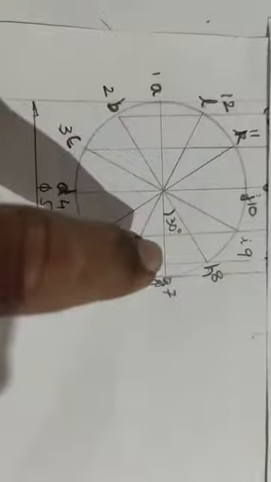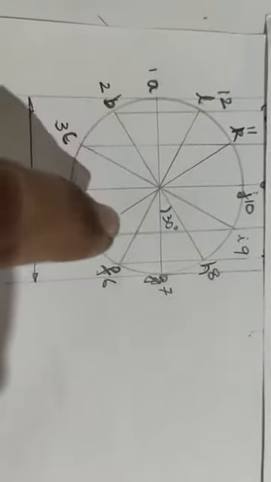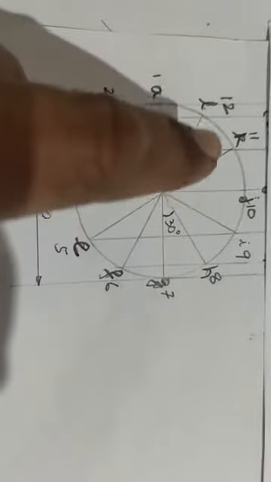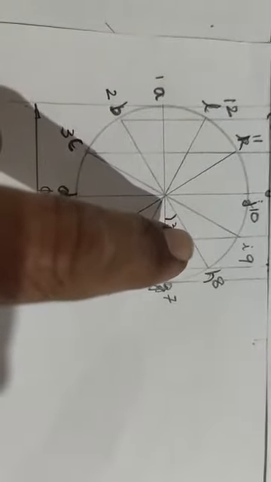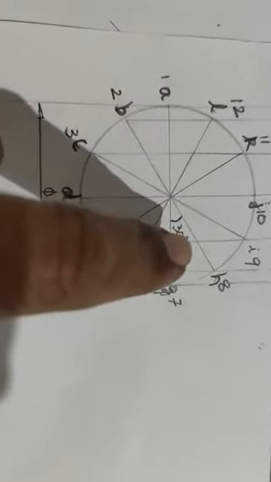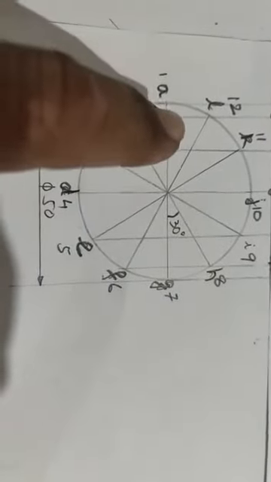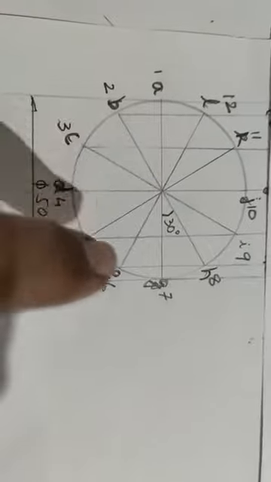Since a cylinder does not have any edge, we will have to divide it into different angles. I'll take each angle as 30 degrees, so I will divide this circle into 30 degree parts. 12 divisions I will get.